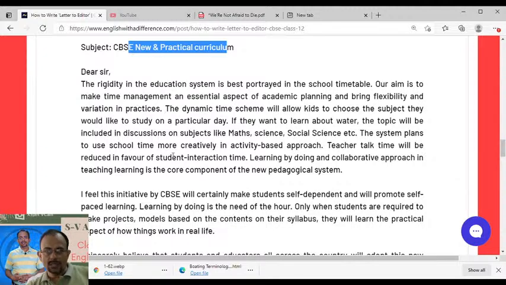So likewise, dear students, the content of the letter to the editor depends on how much you know about the topic. If you are familiar with the topic, you can write very well. If you are not familiar with the topic, then you cannot write much.